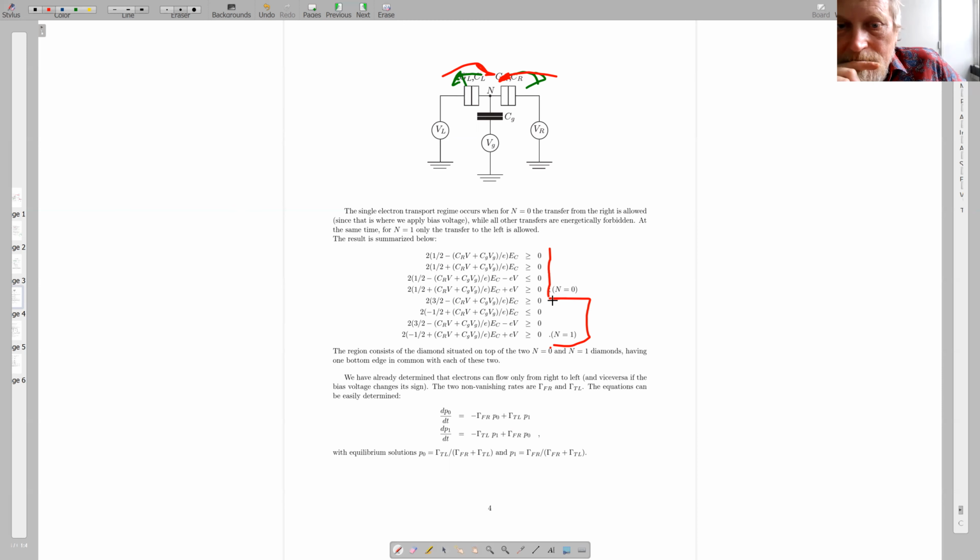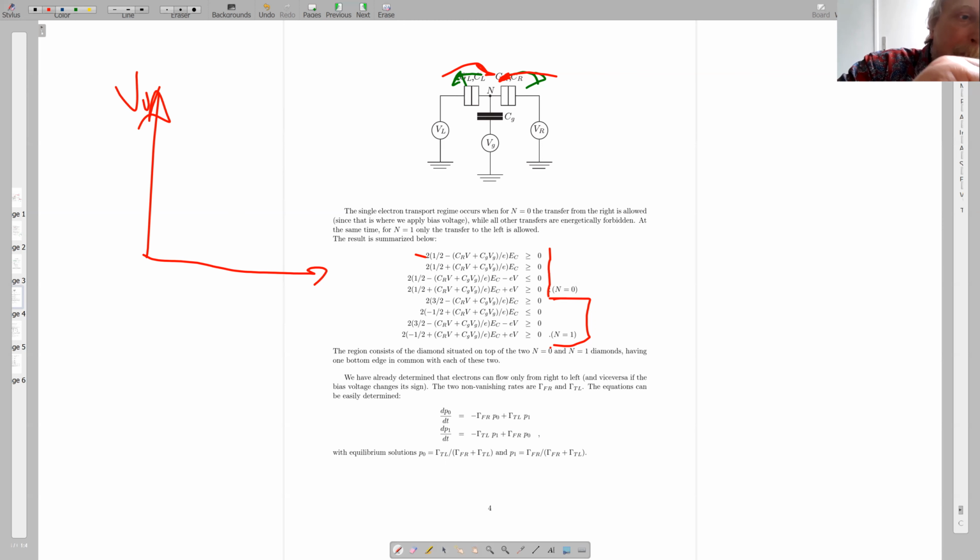Well, any expression like this is linear in bias voltage and gate voltage. So what does it mean in a plane? In a plane, any condition of the sort gives you a straight line.